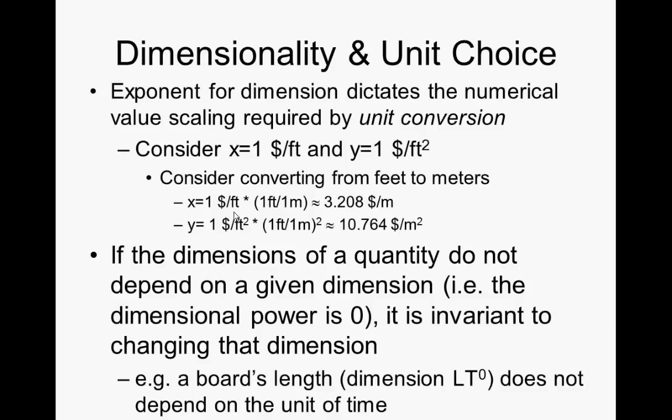So suppose we have dollars per foot, and I decide to convert time. I want to measure time in years rather than in days. And I have a dollars per foot quantity in my model. What do I have to multiply that by to convert time in that way?